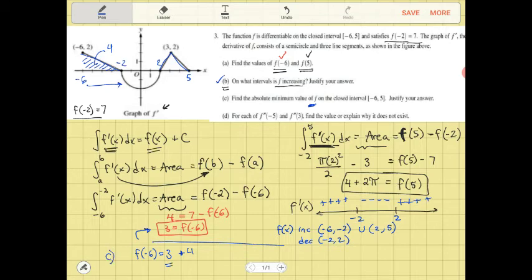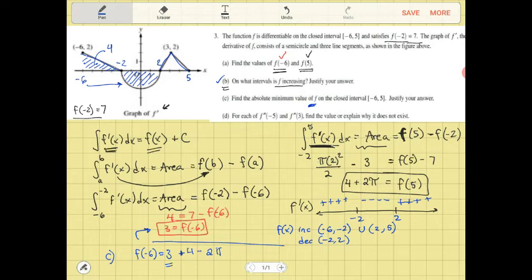This is part C. And then the function will go down this area, the area of the half circle, which is 2 pi. Again, we got that area before. It's up here, 2 squared times pi over 2, which is 2 pi.